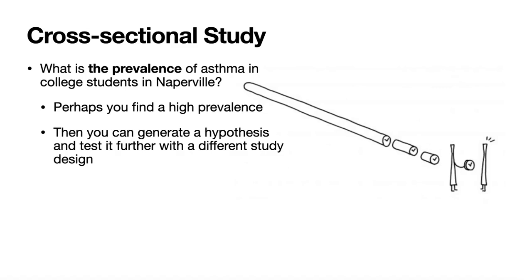So perhaps we find a high prevalence, and then we say, why is the prevalence of asthma in college students in Naperville so high? Could it be because there's more air pollution here? Could it be because they were all exposed to a certain exposure? Then we can move on with a different study design to assess possible causes.